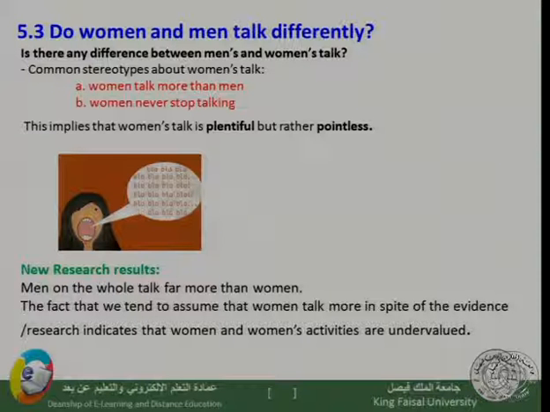In spite of this research, we still have people who say, no, women spend a long time talking about nonsense. They spend a long time chatting about trivial things. But if you provide these results to people and try to convince them that the research has proved the opposite, that men talk more than women, you still have people who do not believe the results of this research.